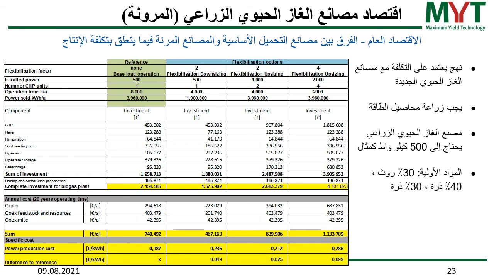And as you can see, if you double the CHP units, this would be the reference case here, baseload operation, and flexibilization upsizing, then you can see that the price of the CHP unit doubles, and accordingly all the other costs are influenced by doing so.